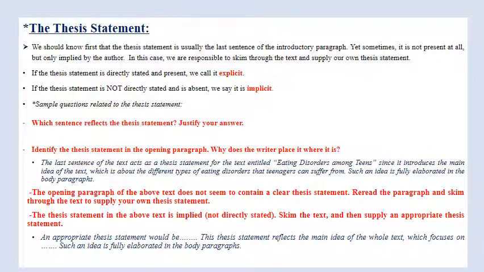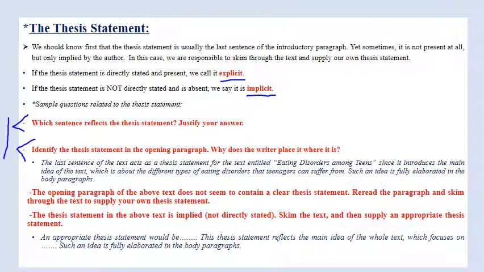Now, the thesis statement. Of course, the thesis is either explicit or implicit. Sample questions again: which sentence reflects the thesis statement? Justify your answer. Or identify the thesis statement in the opening paragraph. Why does the writer place it where it is?